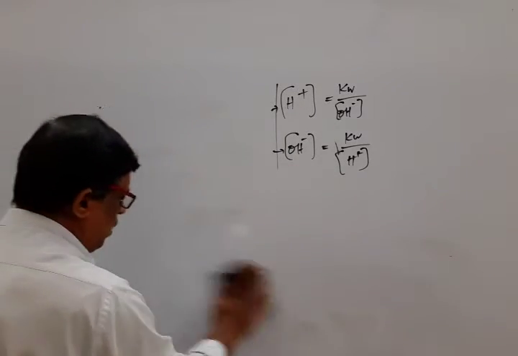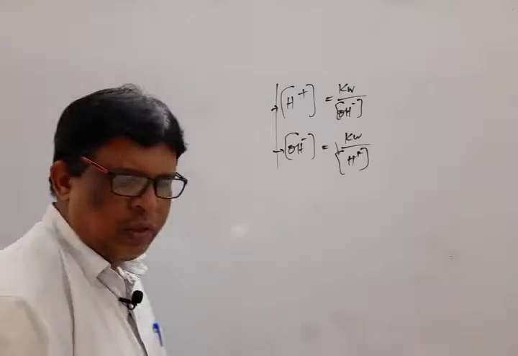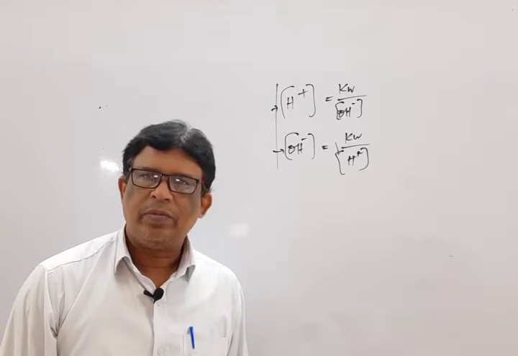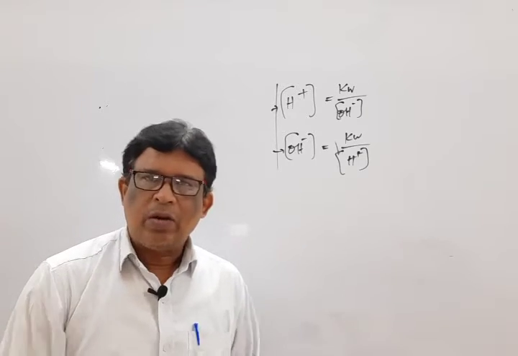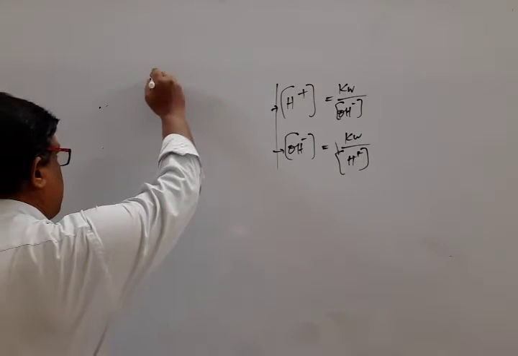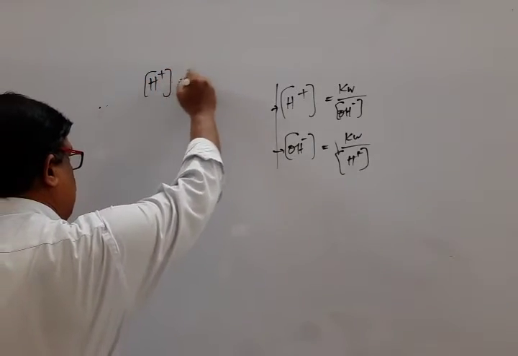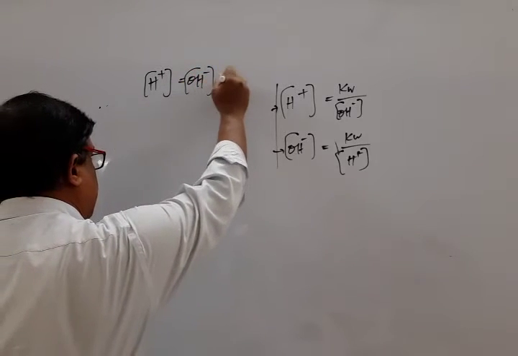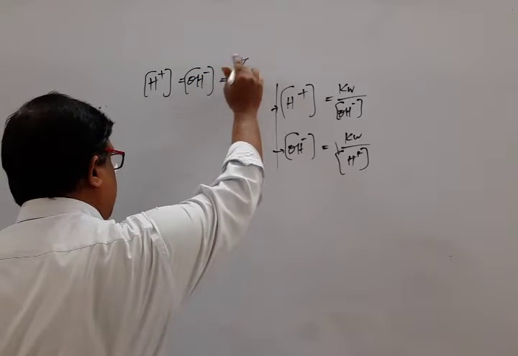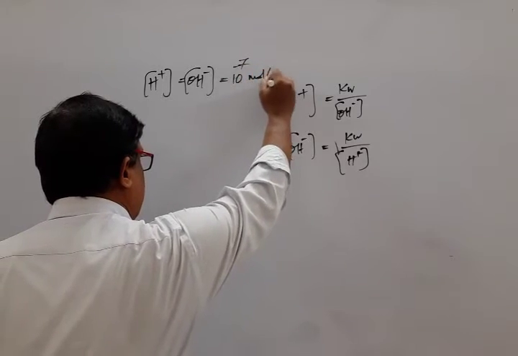And it is already covered that in case of pure water, H plus ion concentration is equal to OH minus ion concentration, which is equal to 10 to the power minus 7 moles per liter.